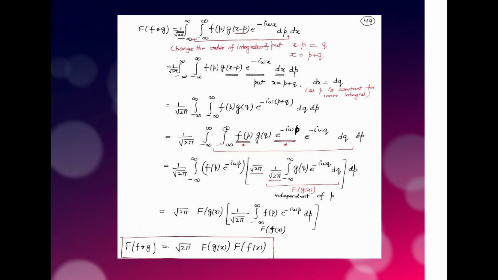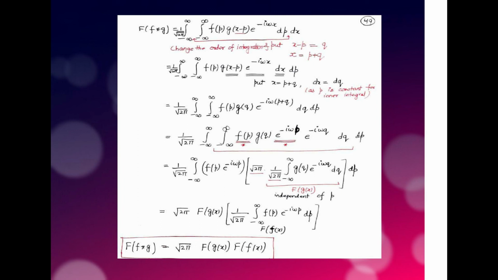We have again double integral. Now rewrite this exponential function and separate the term with p and q. We have e raised to power minus iota wp, which I have marked by star, and second expression is e raised to power minus iota wq dq, and then integration with respect to p.